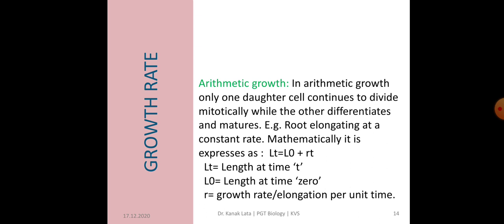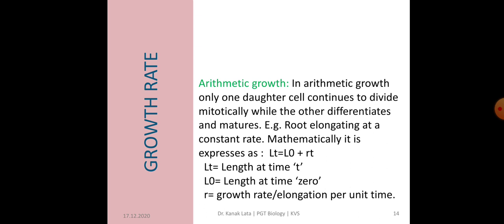Then one of these daughter cells differentiates and becomes a permanent cell, whereas the other one remains meristematic and again divides by mitotic division.